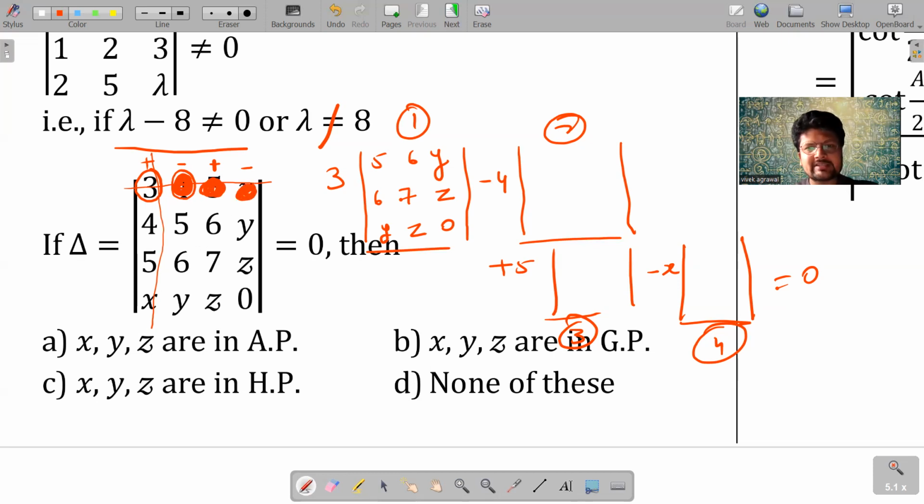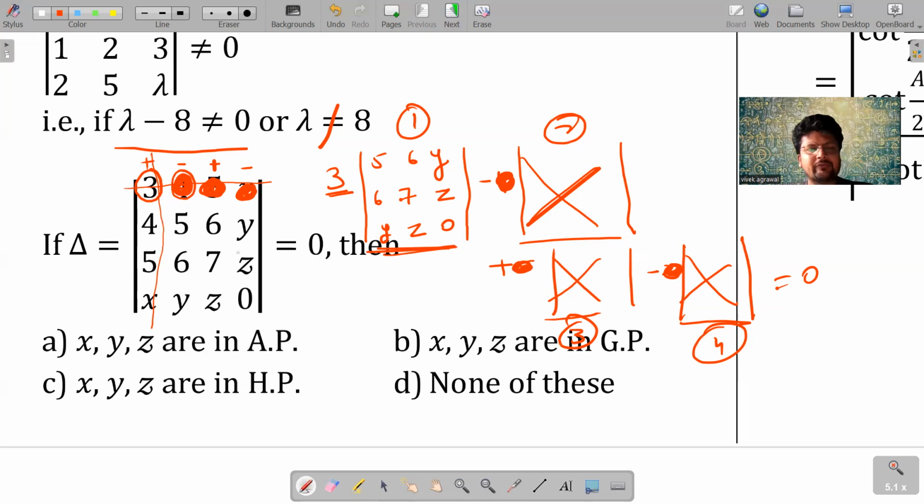When these 3 elements are 0, you don't have to expand for all of them. This will be null and void, this will be null and void, this will be null and void. So you have to expand only for one single element, and now you'll have a 3 cross 3 determinant, which you can expand easily.